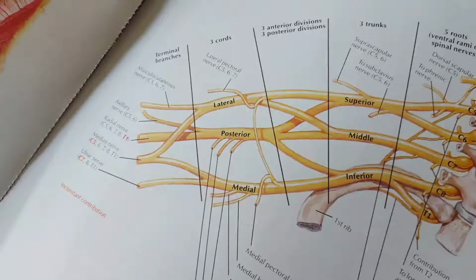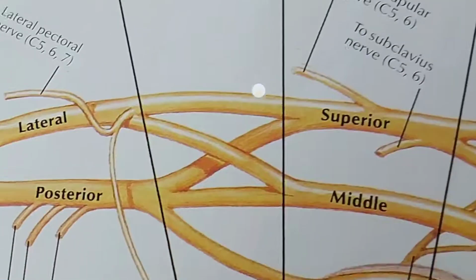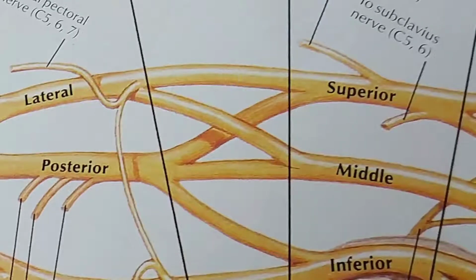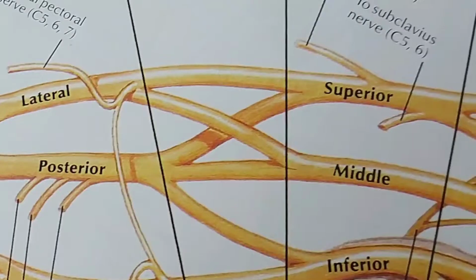This lateral cord has two roots. If we call this the root, it has two parts, the superior one and the inferior one. And this superior one in this picture, what is it? That is the anterior division of something, and this is the anterior division of another thing.